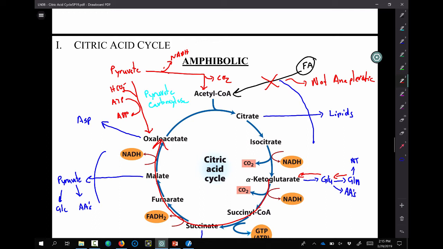The question that I asked on Wednesday said that the production of citrate from acetyl-CoA can't lead to increased or net synthesis of oxaloacetate, because every citrate that's made uses an oxaloacetate. And I just used fatty acids as an example of something that could provide acetyl-CoA.